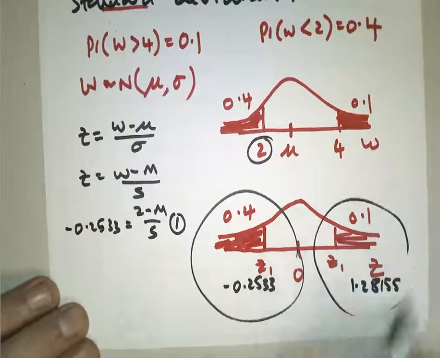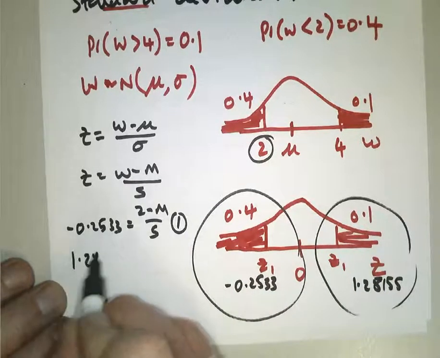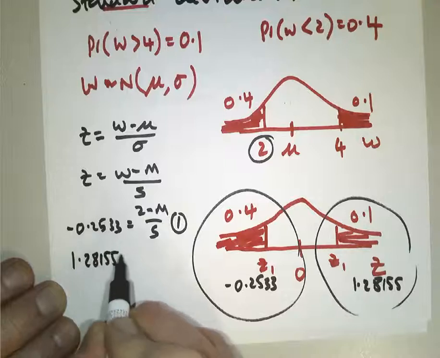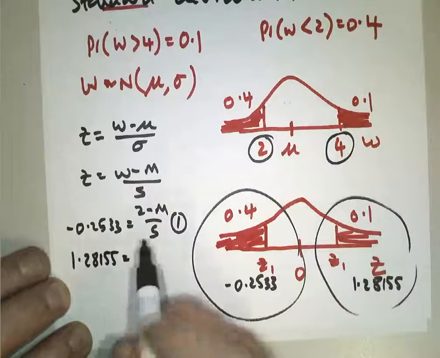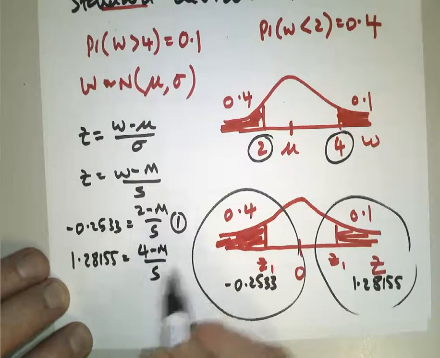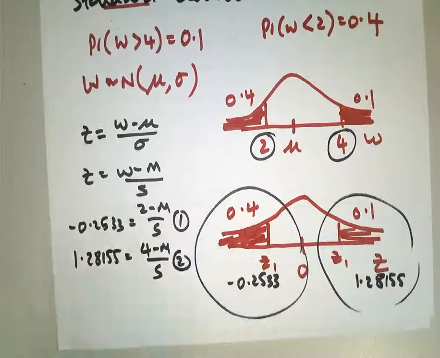And using this piece of information, 1.28155 equals W, which is 4, minus M over S, equation number 2. Now I'm going to solve that simultaneously.